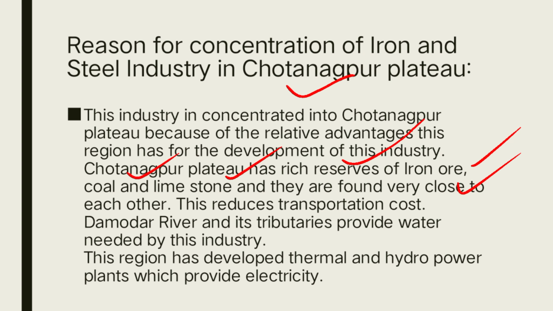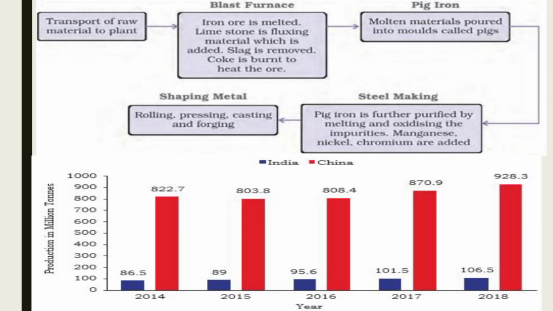Also, the transport cost is less. The Damodar River and its tributaries provide water which is required for this industry. Hence, this region has developed thermal as well as hydropower plants which provide electricity for the region.